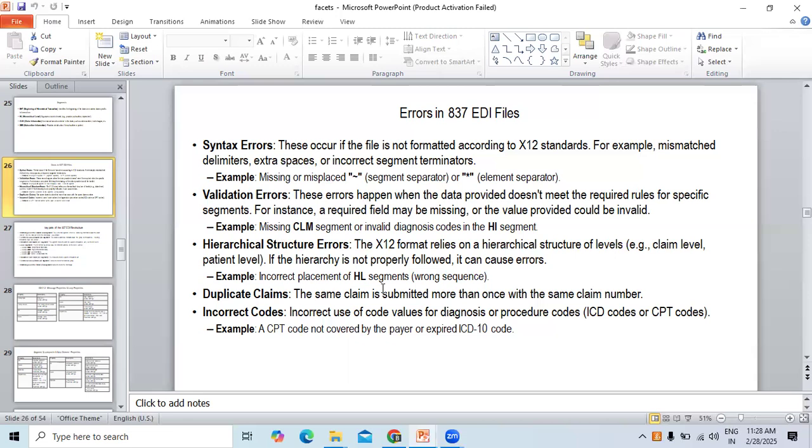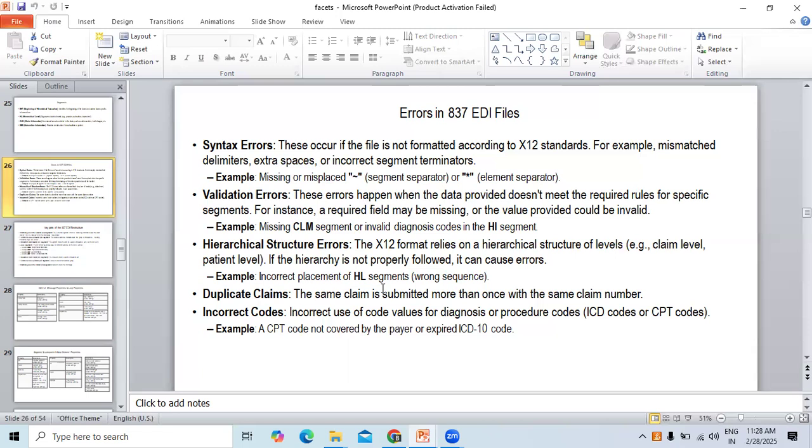Fifth, incorrect codes. Repeating again, the errors in context of 837 EDI files are as follows: some could be syntax errors, some validation errors, some hierarchical structure errors, some duplicate claims, and some incorrect codes.